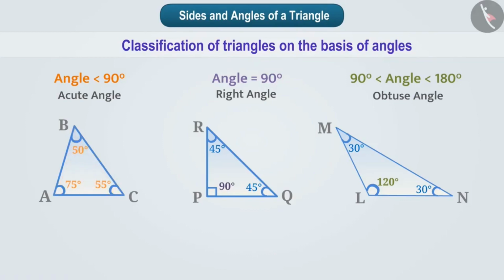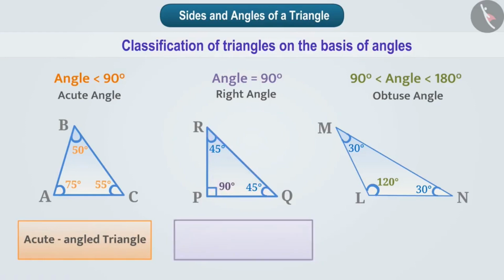A triangle with all angles acute is called an acute angled triangle. A triangle that has a right angle is called a right angled triangle. Keep in mind, the right angle is represented this way.